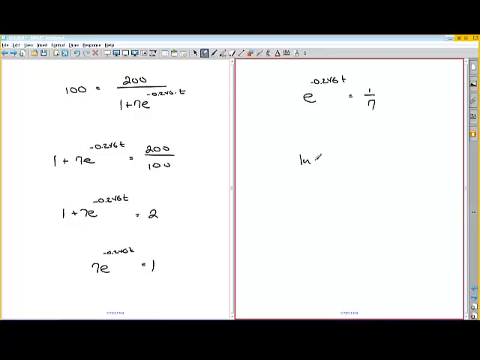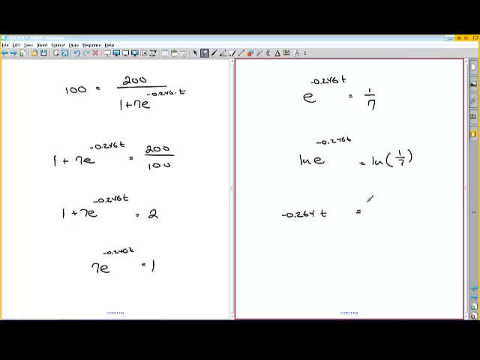Take the natural log of both sides. So here we just get negative 0.264. Maybe that's where I got messed up. 264. T is equal to the natural log of 1/7.